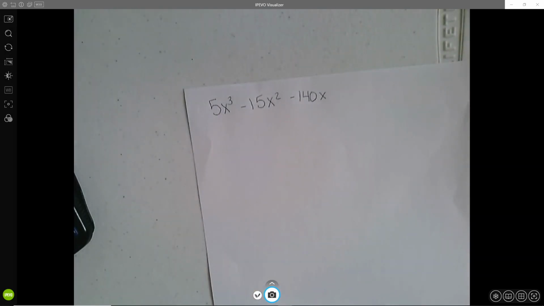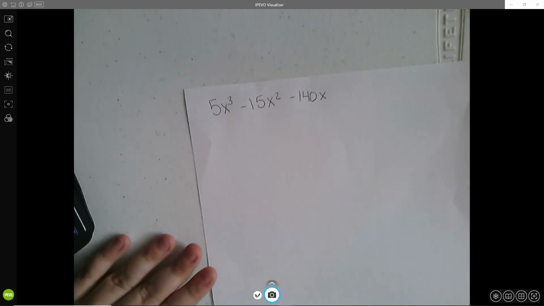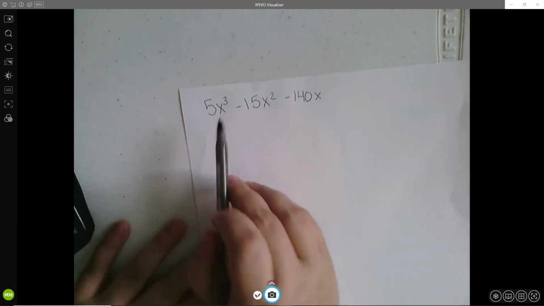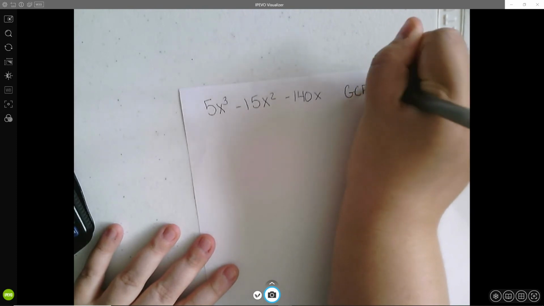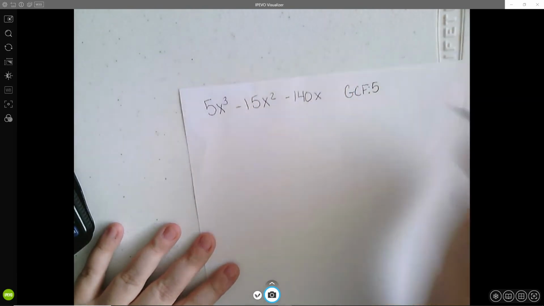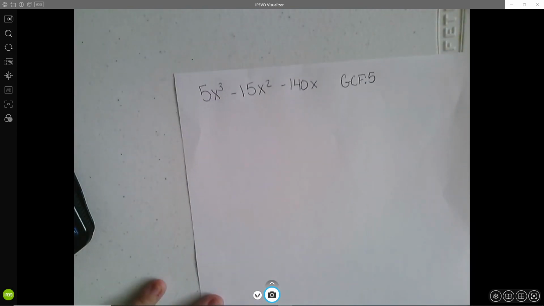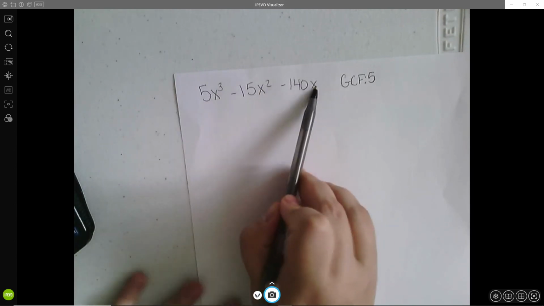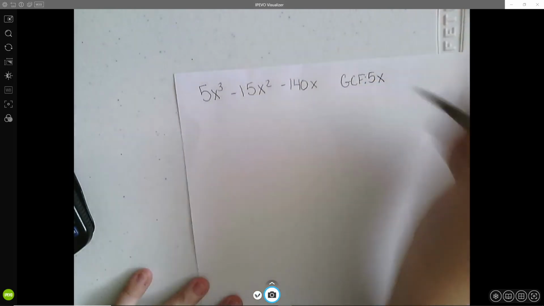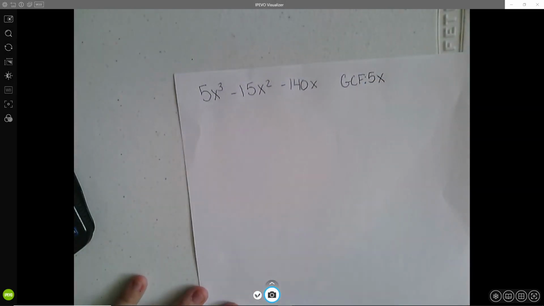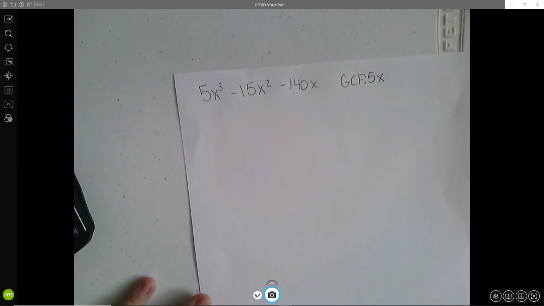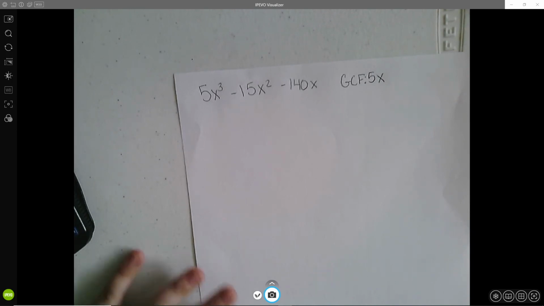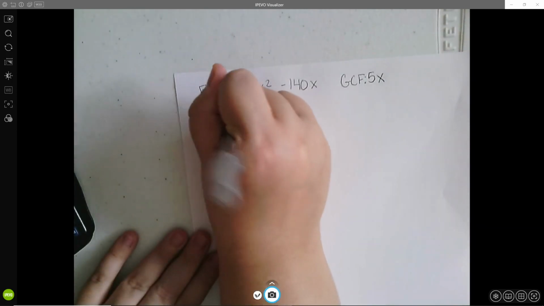So first off, I know I can take out a GCF of a 5 in terms of numbers. And now, all of them have a variable of an x. And the lowest exponent I see on an x is by itself, or a 1. So that means I can take out 1x. So now, take out a 5x.